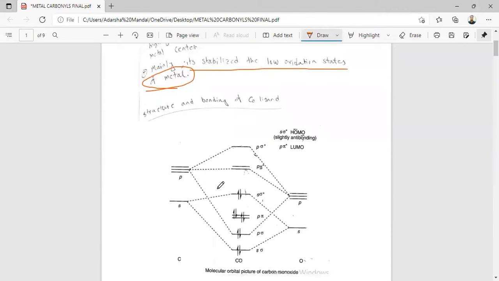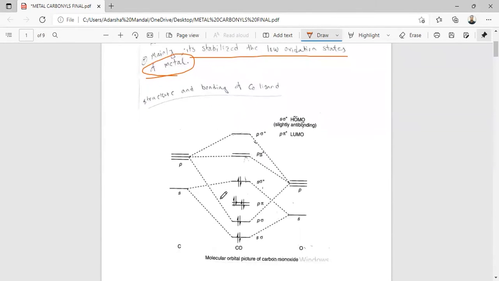First we will discuss the structure and bonding of this carbonyl ligand. This is the MO diagram of the carbonyl ligand. The carbonyl ligand is basically a pi acidic ligand, and from this molecular orbital diagram, the HOMO of carbonyl is a sigma orbital, and it has a lone pair.